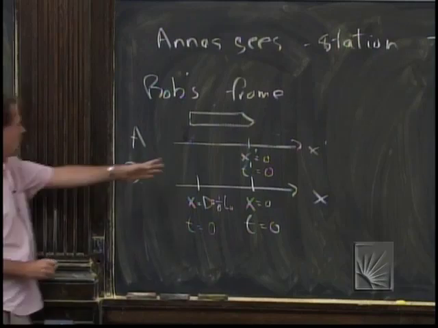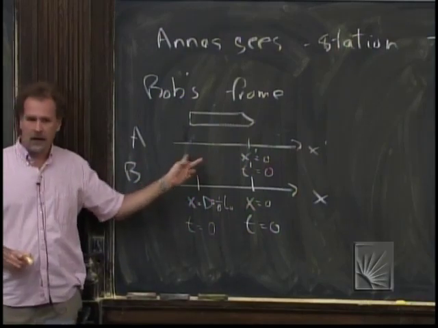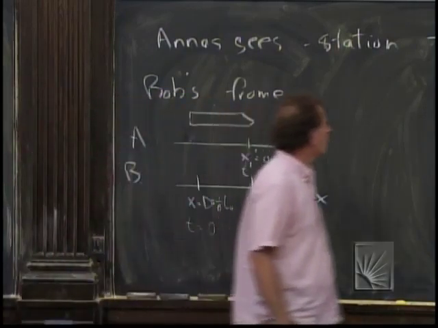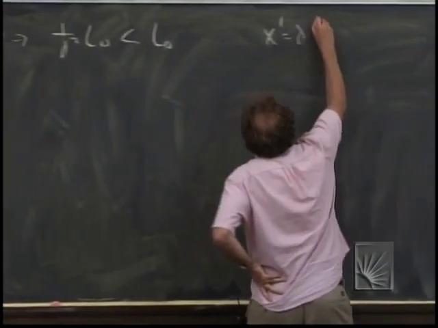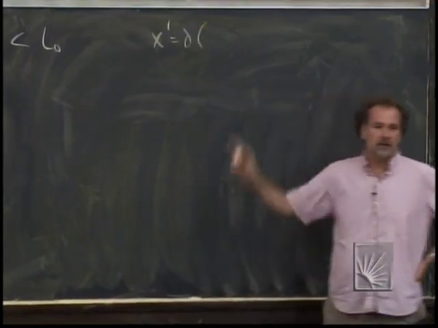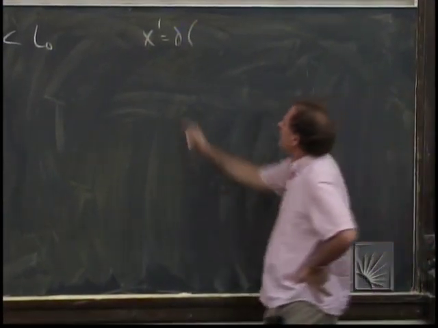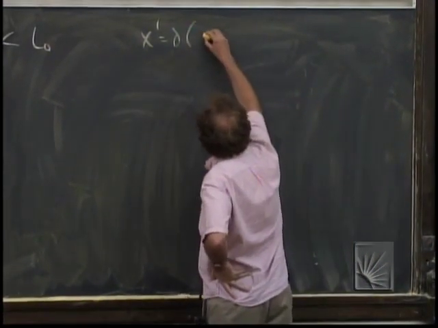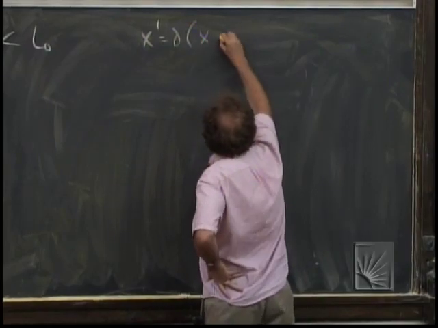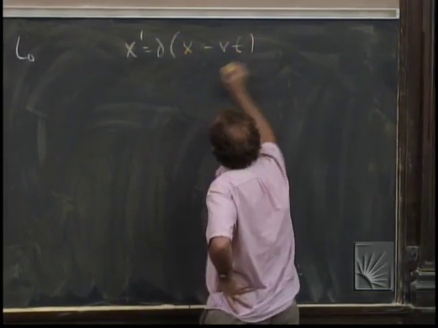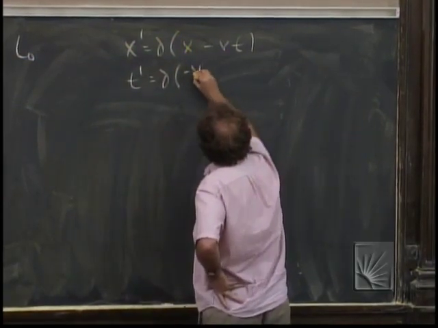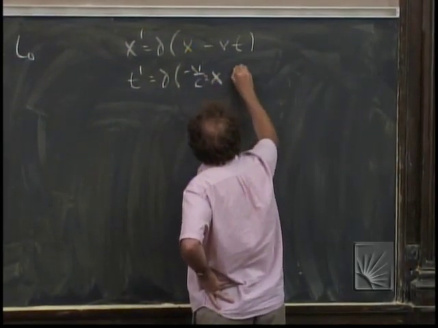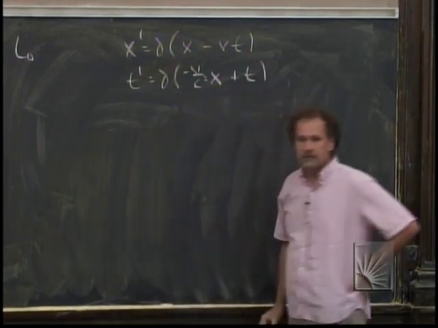But to talk about what happens back here, I can think real hard, or I can just resort to the math. X prime is gamma times (X minus Vt). T prime is gamma times (T minus V over C squared X). You should basically memorize these.